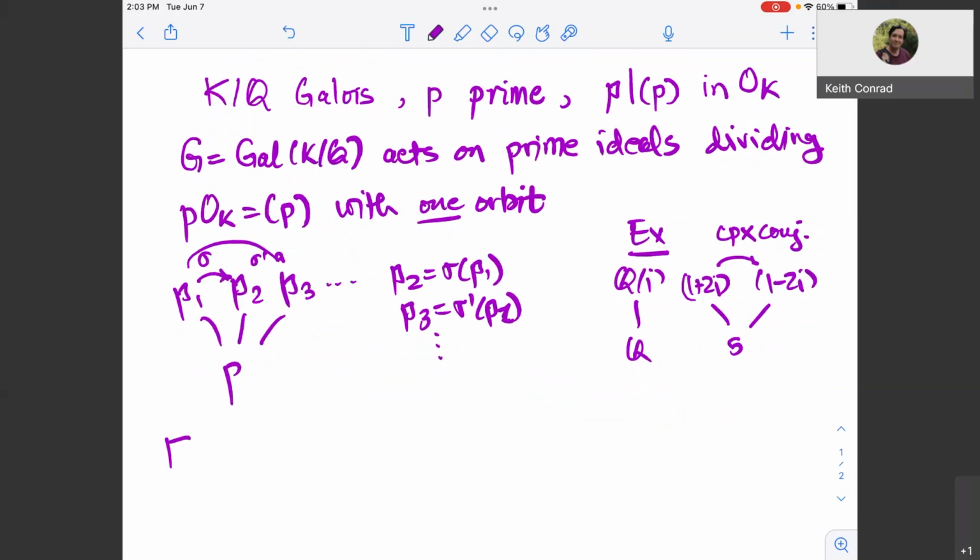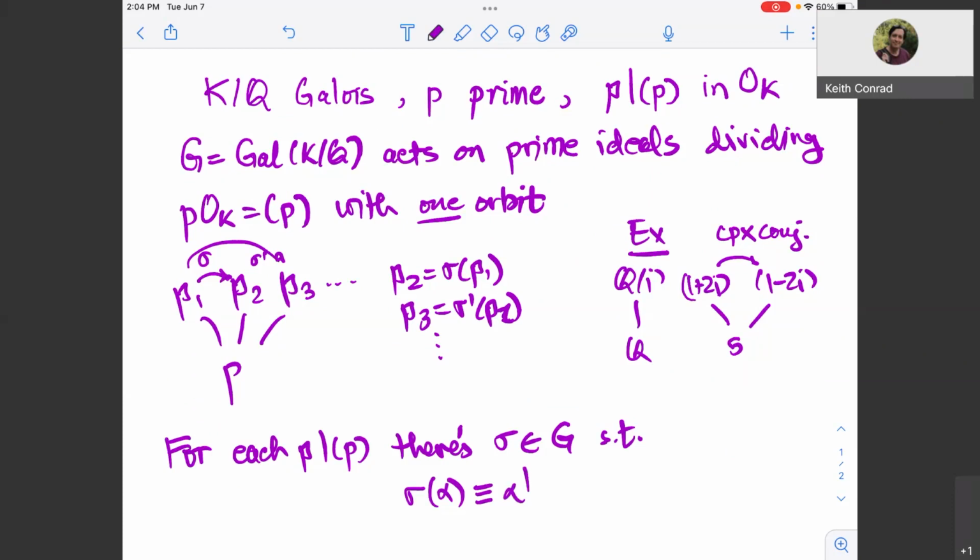The main result that led to what a Frobenius element is: if you take a prime ideal upstairs in O_K, there's always an element in the big Galois group of K over Q with the property that it looks like the little p-th power map. It looks like raising to the p-th power on the field O_K mod the prime ideal.